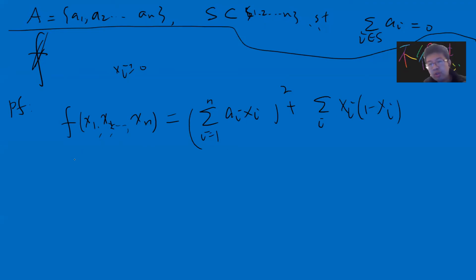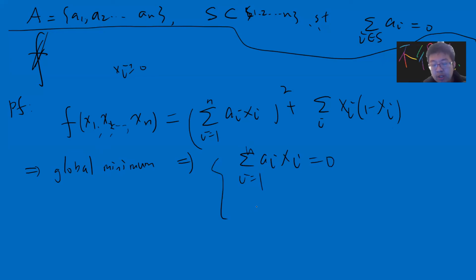Suppose somebody gives you an oracle that can solve this f and find the global minimum. Then you immediately get that the summation of ai xi from 1 to n is 0, and you also get that each xi is either 0 or 1, because this term needs to be 0.